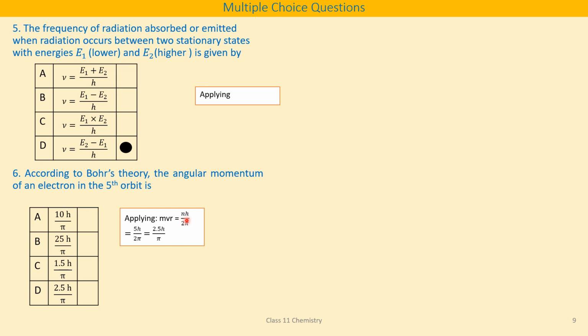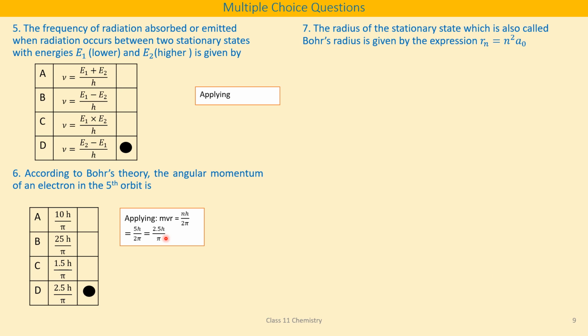So put n equal to 5, which is given in the question. So 5h by 2 pi. 5 by 2 is 2.5. So the answer is coming as 2.5 h by pi. And this option is appearing as choice D. Please mark it. So D is the correct answer.